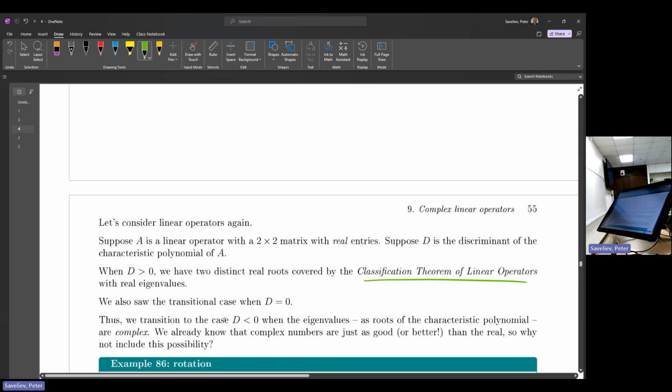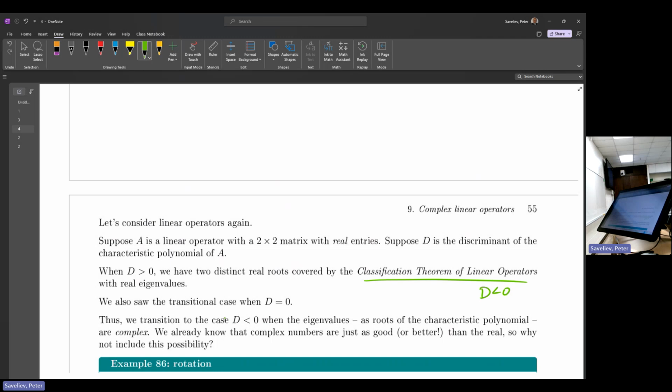We already had it. The option when the discriminant is negative was actually provided, but not elaborated. Okay, so now we have a better interpretation of it, because this negative discriminant gives us complex eigenvalues, and what does it tell us about the linear operator?